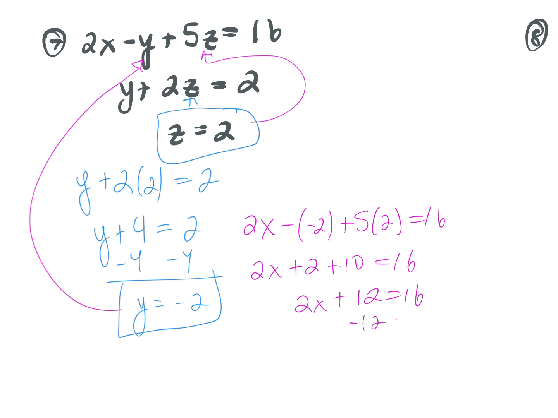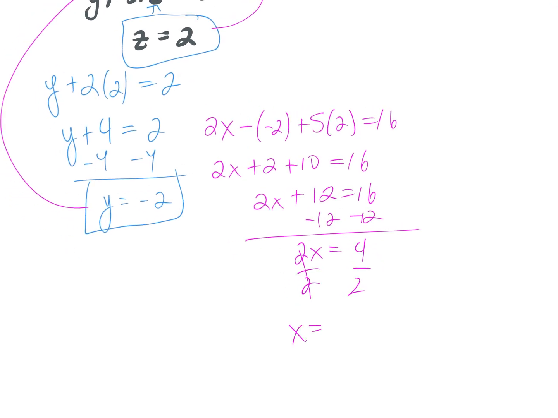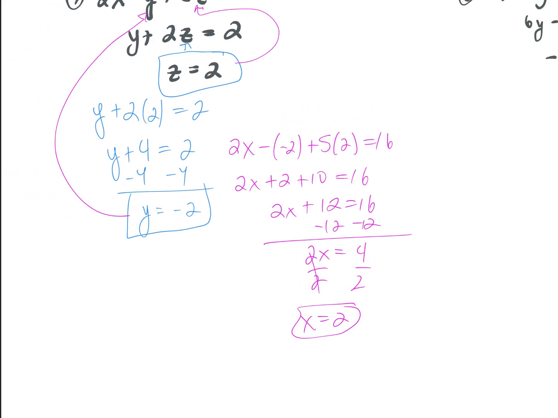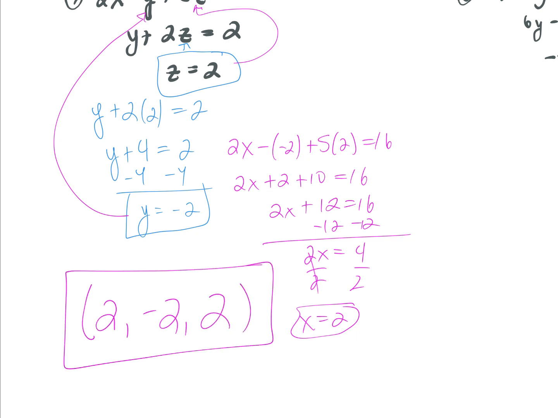Minus 12 from both sides. 2x equals 4. And then x equals what? Yep. So how do you write your ordered triple? Wait, say it again. 4 divided by 2 is 2. Negative 2, positive 2. There's lots of 2's there, and that's okay.